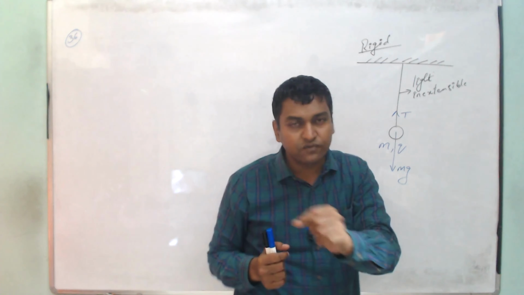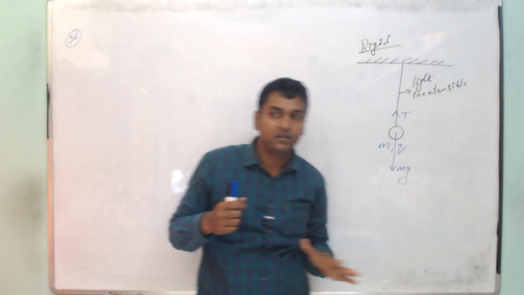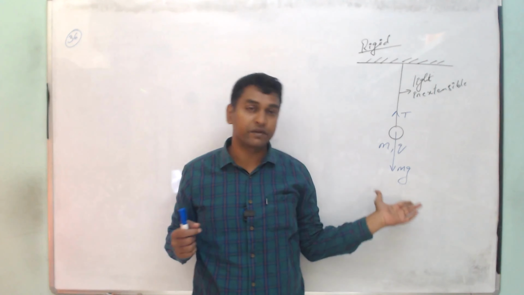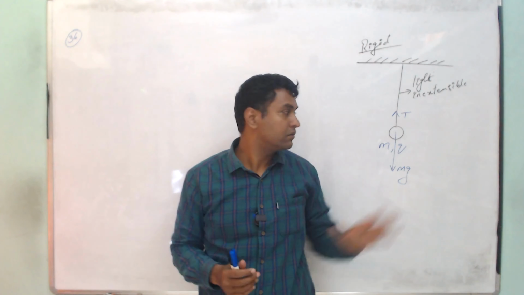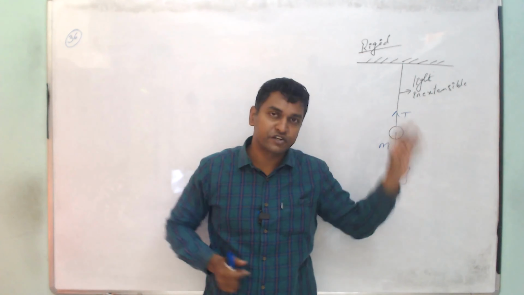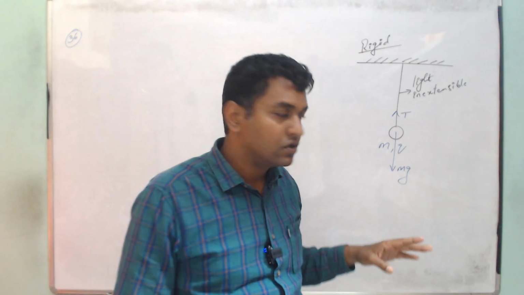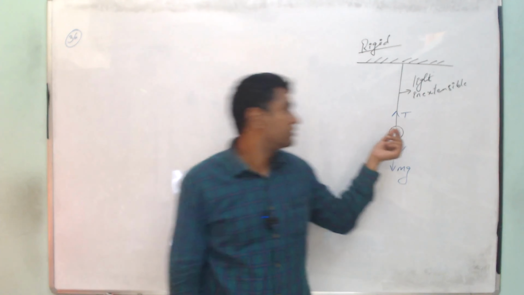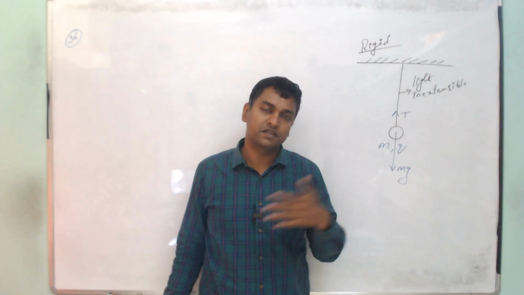Now, this tension force is available throughout the string. Remember this. I will explain strings and the tension force separately. But right now, all strings, ropes, or threads, whatever you use, will have a force that is a reaction force.